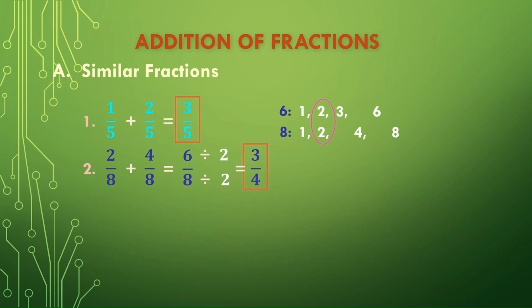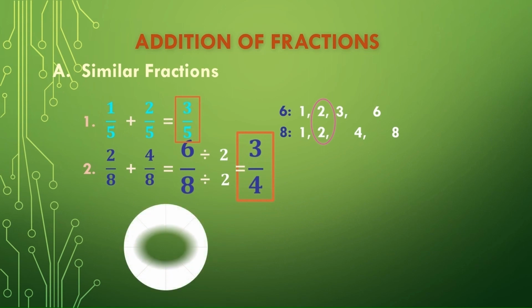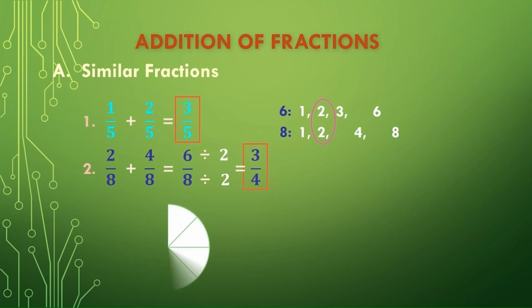To illustrate that the simplest form of 6/8 is 3/4, let's use a diagram. We have a circle representing one whole, which we divide into 8 equal parts. Each part is called 1/8.